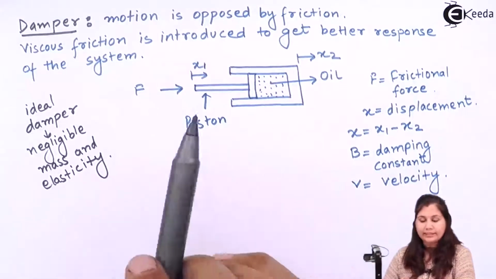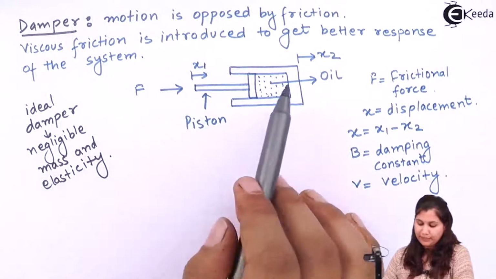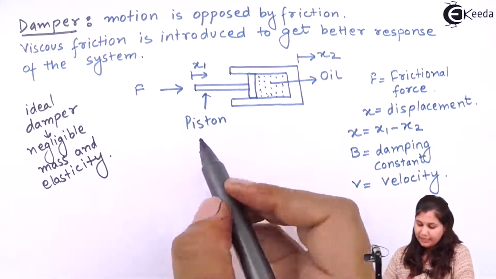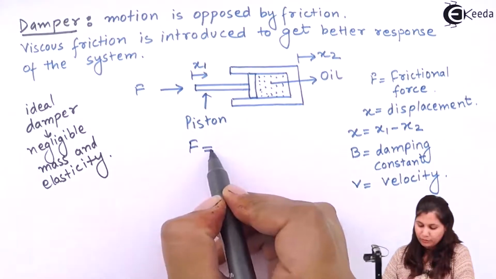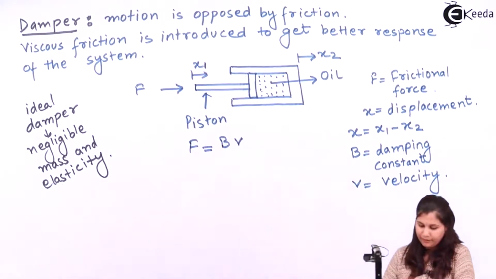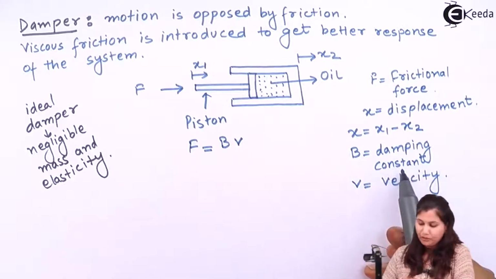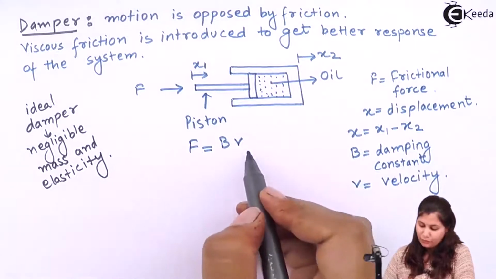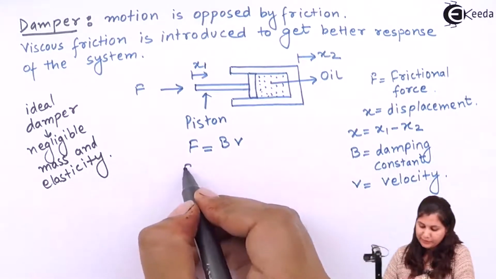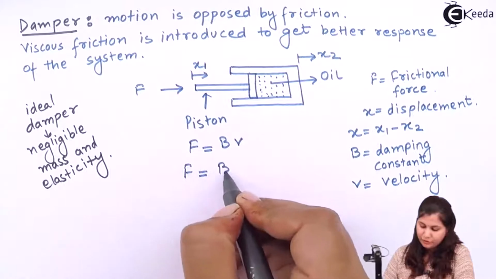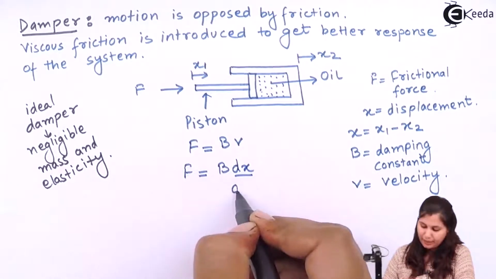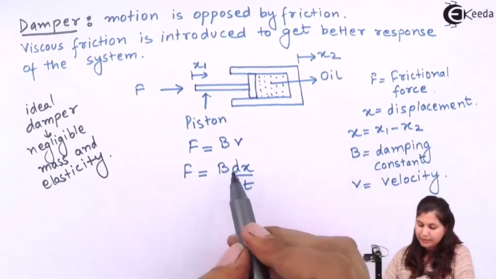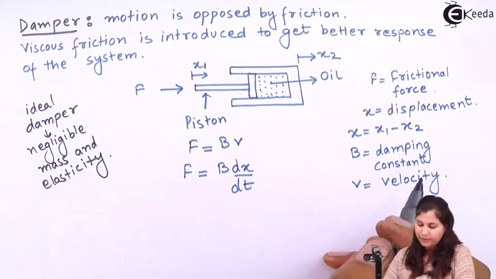If we write the relationship between the force applied on this piston and x1 and x2, we get that the force is equal to BV, where B is the damping constant and V is the velocity. If we put the velocity in terms of displacement, we get F equals B dx by dt, where x is the displacement and B is the damping constant.